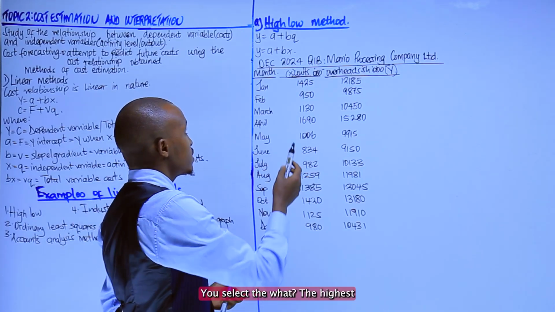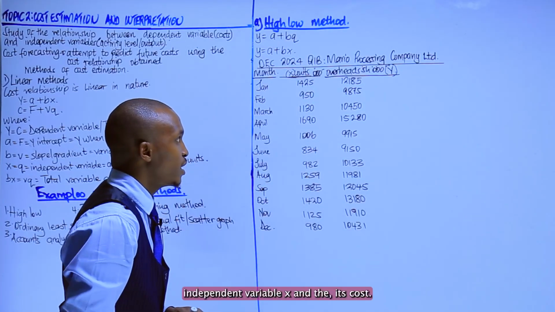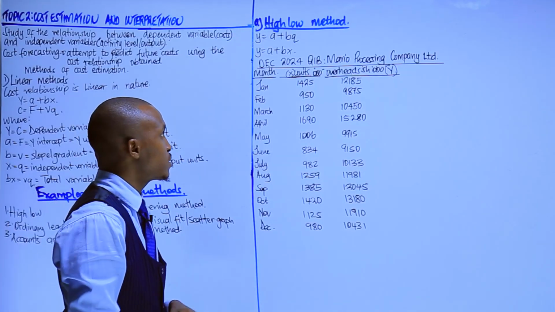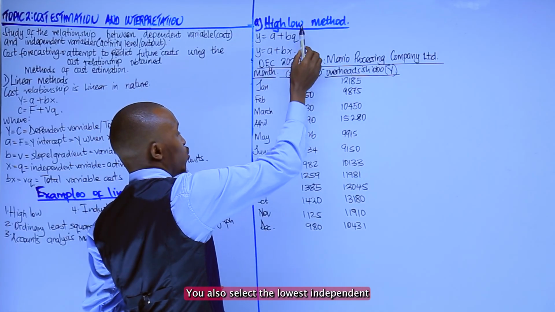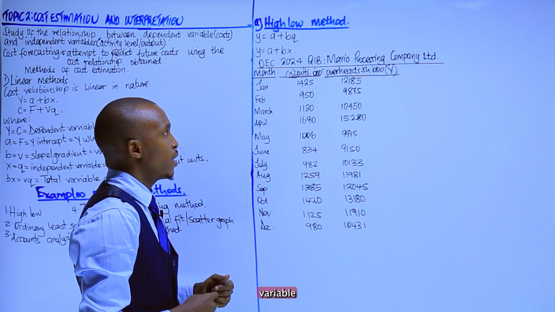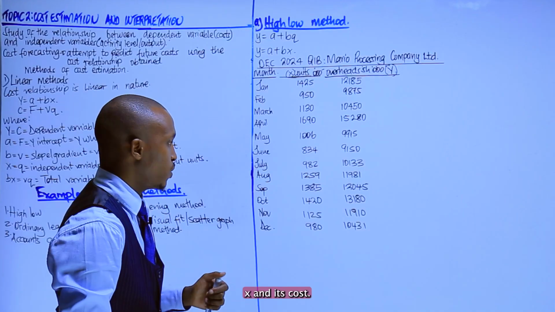You select the highest independent variable x and its cost. You also select the lowest independent variable x and its cost.